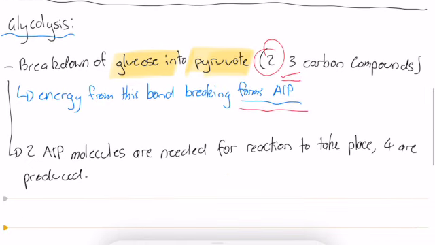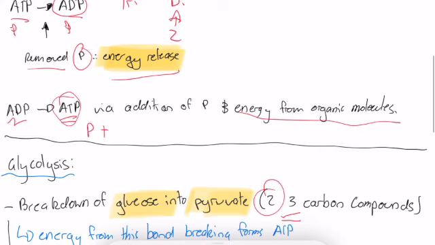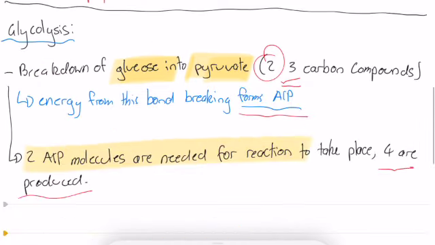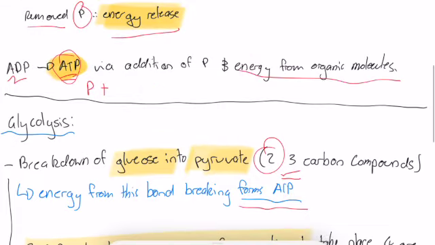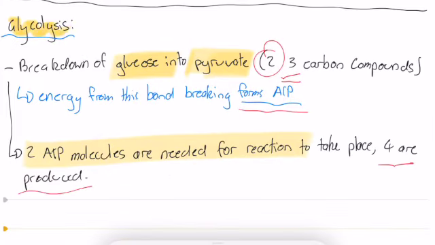We know that 2 ATP molecules are needed for the reaction to take place, but 4 are produced. So when looking at your production of ATP, it can actually be from, as mentioned, those organic molecules, which is effectively seen in things like glycolysis.